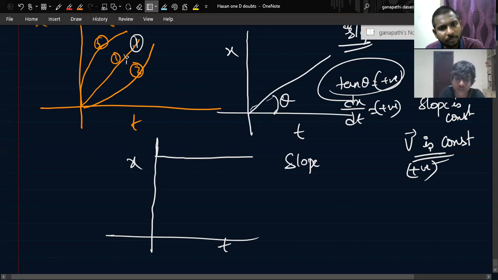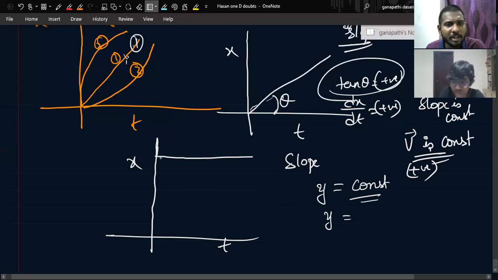Y is equal to constant is the equation of this line. That means y equals constant is a line parallel to the x-axis. Slope of this line is what? You might already have studied.